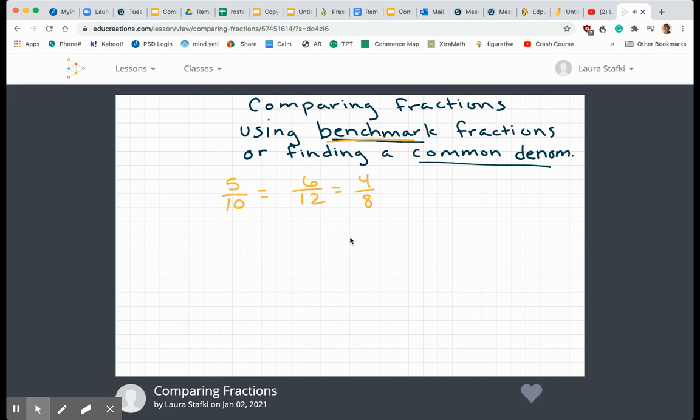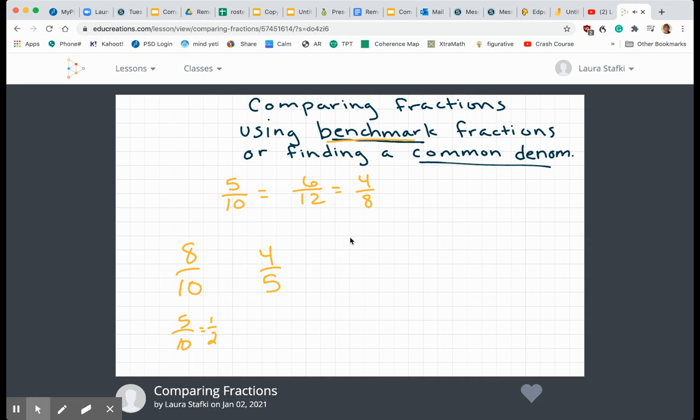Okay, so now I'm going to give you a few problems, and I want you to see if you can compare the two of them. So I'm going to give you 8/10 and 4/5. Now there's a couple of different ways you could do this one. To me, I can see that 5/10 is 1/2.